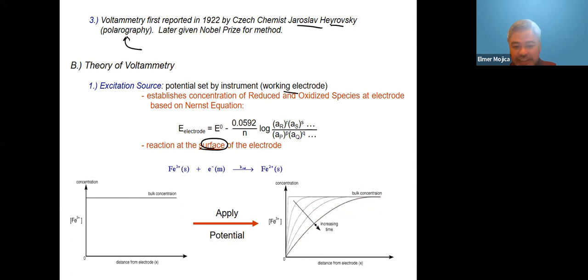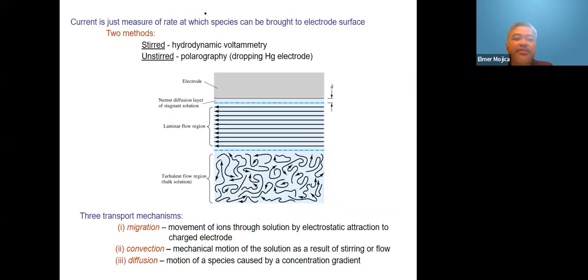So with increasing time, makikita mo yung changes doon sa bulk concentration. Okay? So yun yung nangyayari doon sa surface, the electrode surface. And the condition of the current that we have here, we can measure the rate at which the species can be brought to the electrode surface.